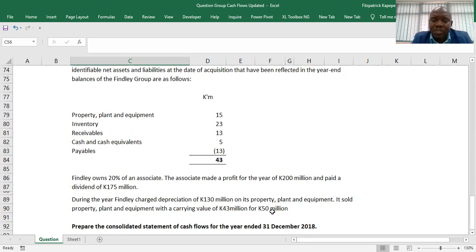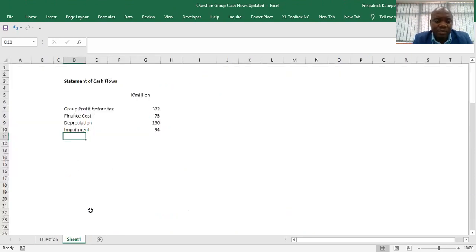There was a profit on disposal of 7, which we have to subtract, because 50 minus 43. The carrying amount was 43 and this particular property was sold at 50. So there was a profit on disposal, which has to be negative. If there was a loss, we're going to add it back. It's a non-cash item, so we're removing this.